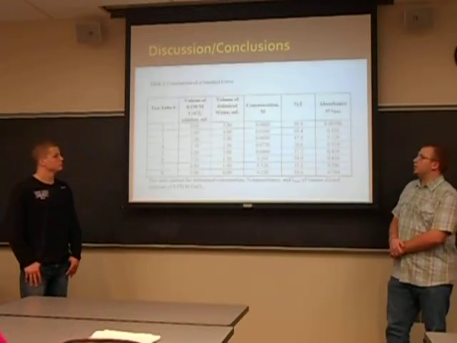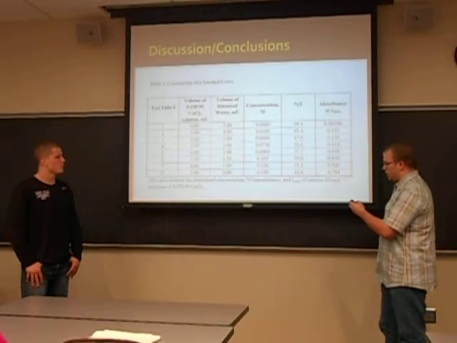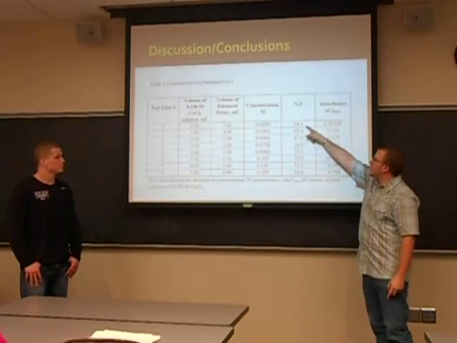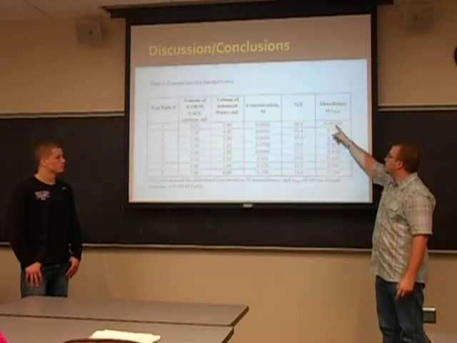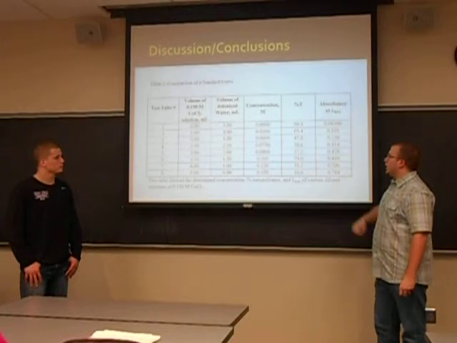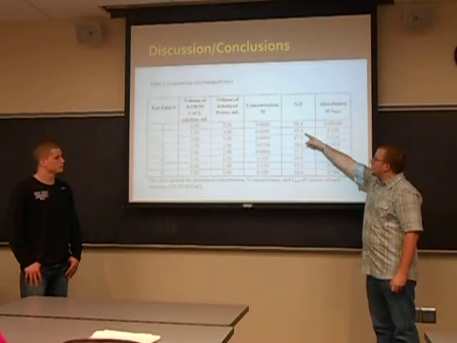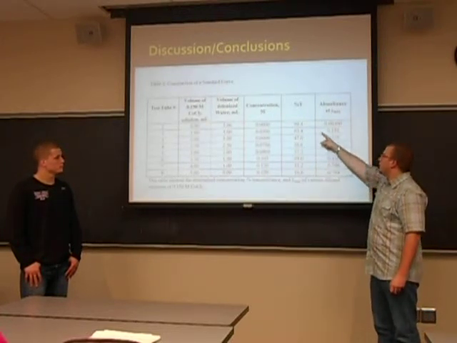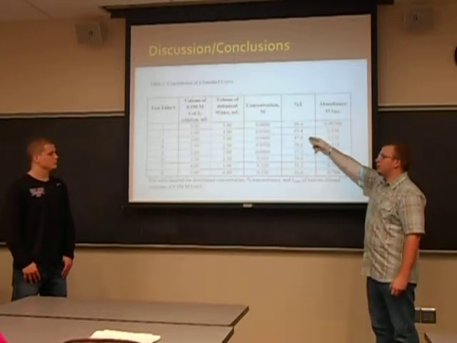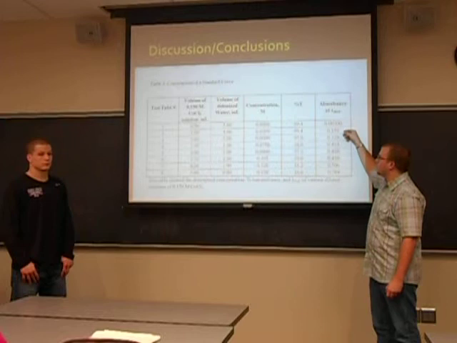And here is table 2, where you can see the percent transmittance was 99.4, and the absorbance was 0.00300, and same here, 69.4, the absorbance was 0.158. As the percent transmittance decreased, the absorbance increased.